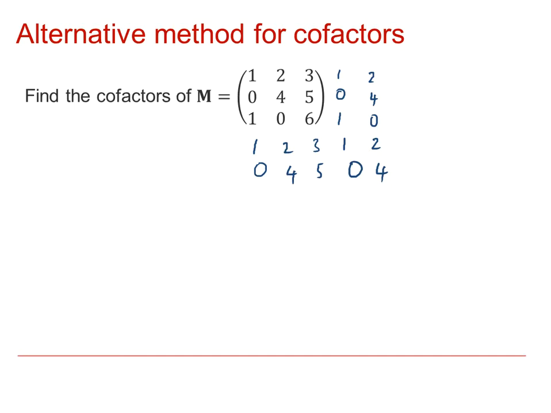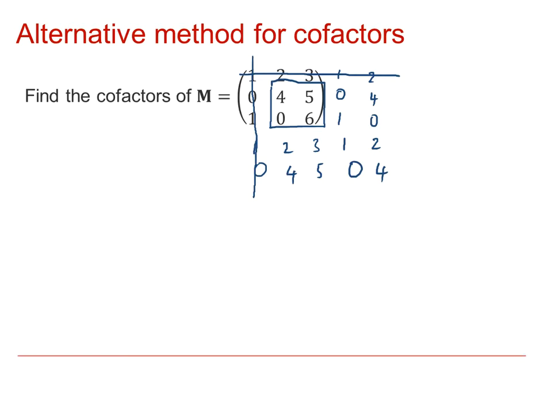but we ignore the first row and the first column, and then the cofactors are produced by the determinants at each of these positions. So this one here will give us the cofactor for A1.